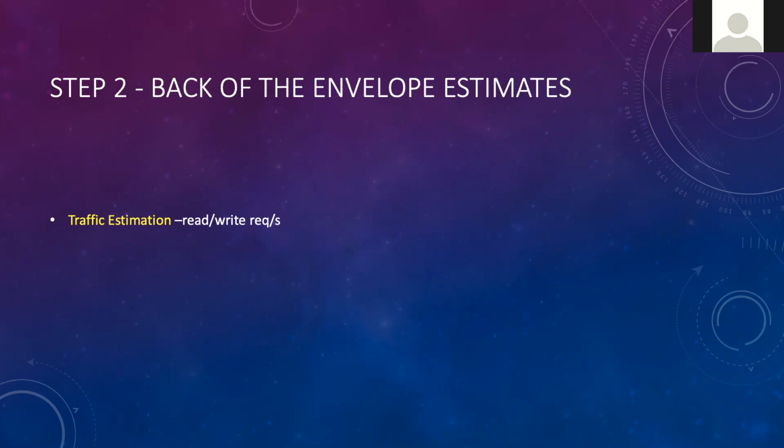If it is the daily active users, you divide it by the number of seconds in the day, and that will give you an idea about the number of read requests and write requests, and the ratio between the reads and writes will give you those numbers. So that's the number one thing you need to calculate. Again, I would recommend you watch our other videos which are specific to specific design sessions, and that will give you some real world examples of these estimates.